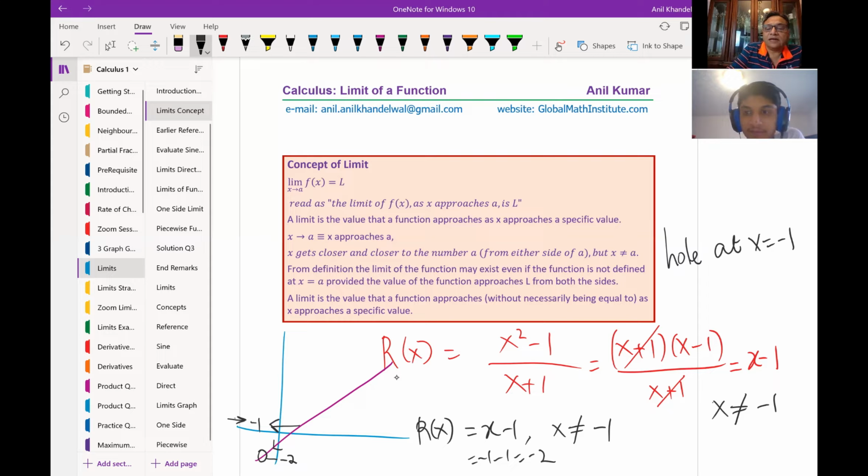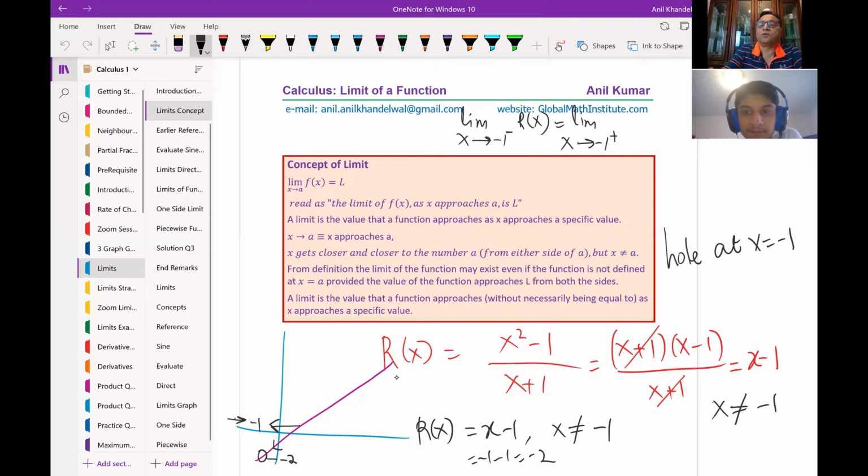We'll write this as limit x approaching minus 1. If I write minus here, it means I'm trying to approach from the left side, for this particular function, which is r of x for us. And we'll also calculate the limit of this function while approaching minus 1 from the right-hand side.